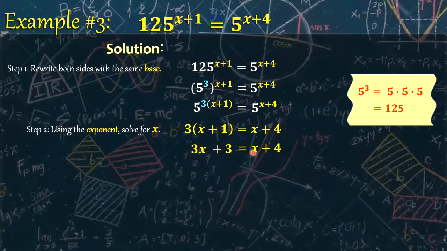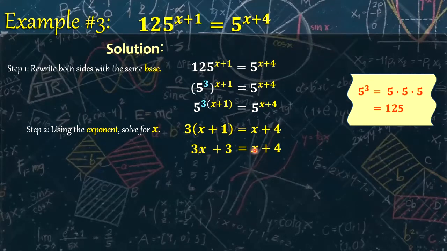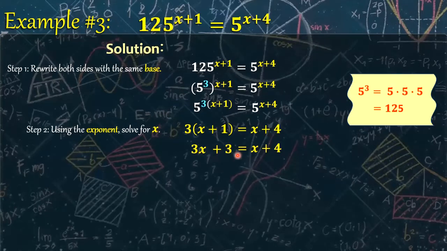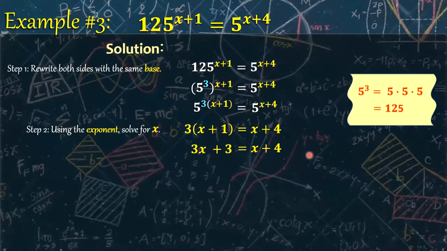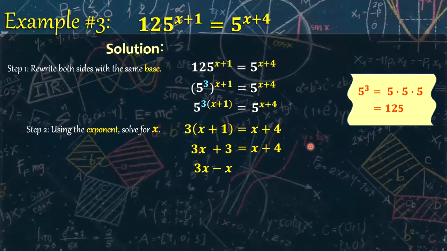And then transposition or addition property of equality: all variables must be on the left side and constants must be on the right side. So don't forget to change the sign whenever you cross the equal sign.